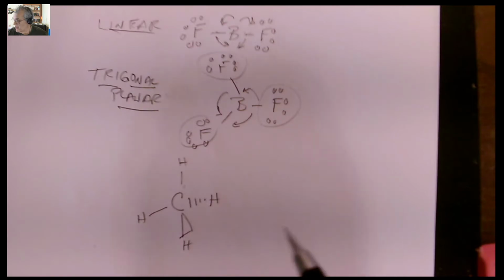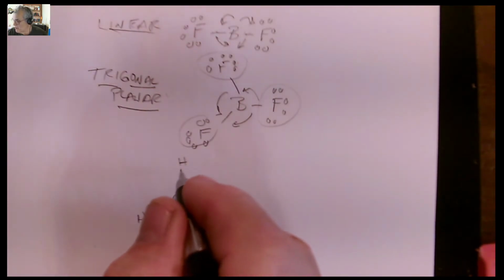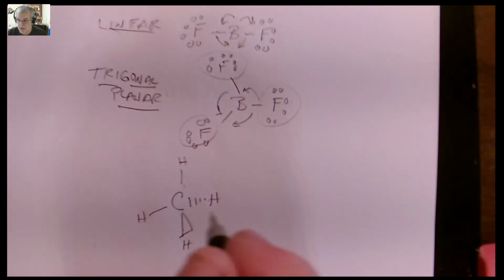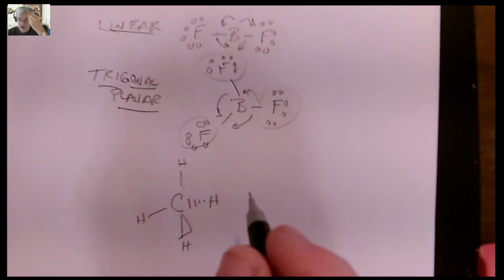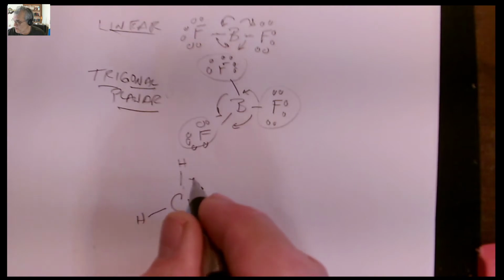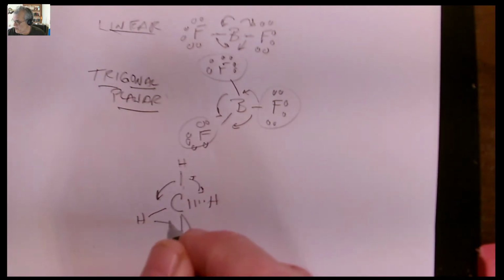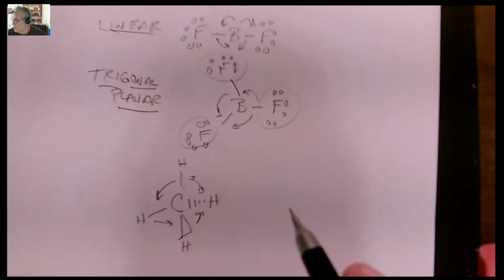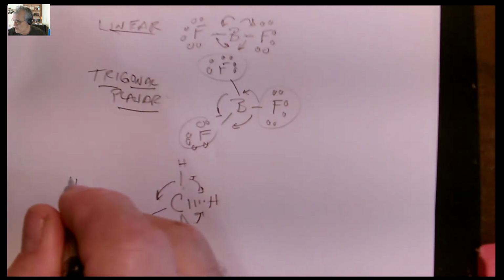We do it like this: this one goes back into the paper, this one comes out of the paper, and these are both in plane with the paper. So you have this repulsion between here, here, here, and there, and this forms a tetrahedral shape.